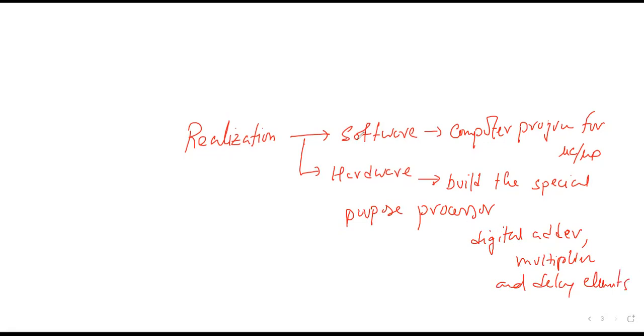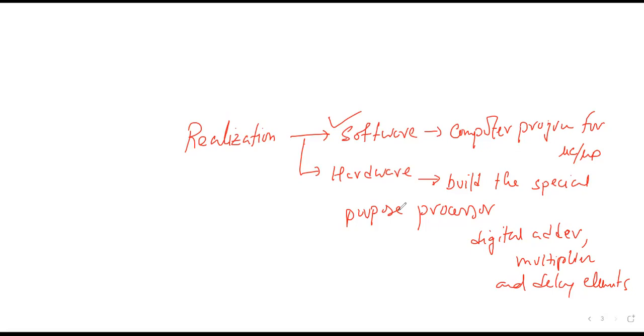The software one is relatively easier. You just write the program, and based on the system, you can change it as well. But if you build a special purpose processor, it will be difficult to modify. So nowadays, we shift more towards software implementation.